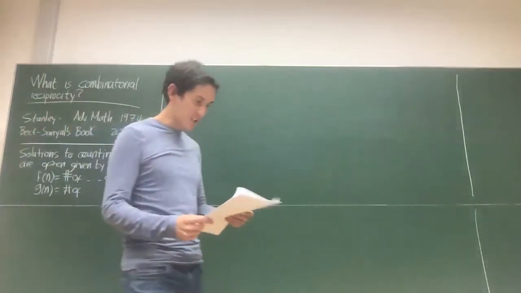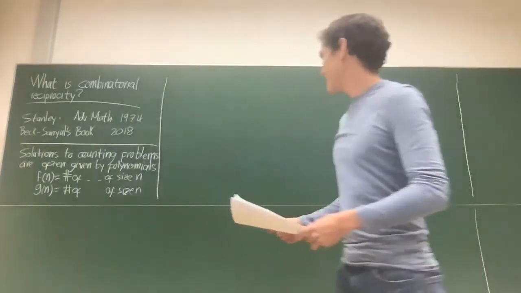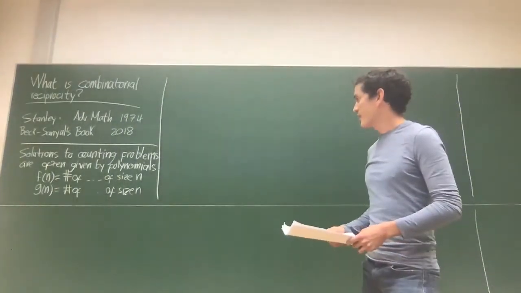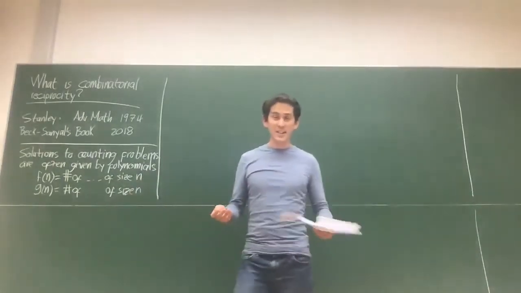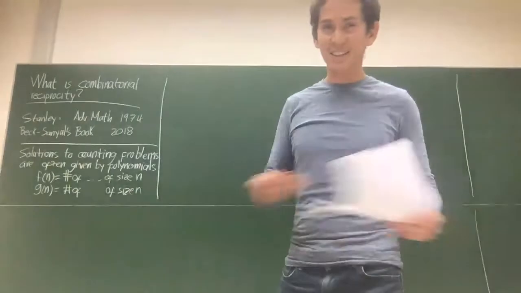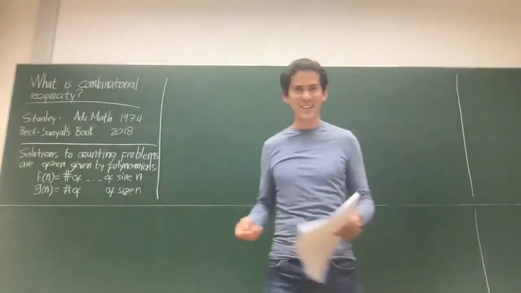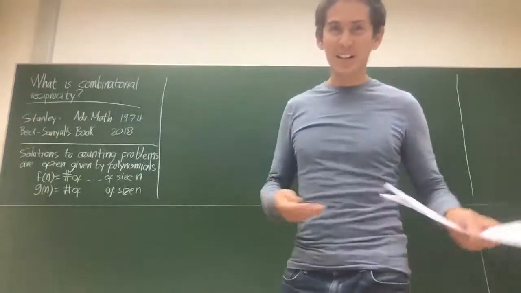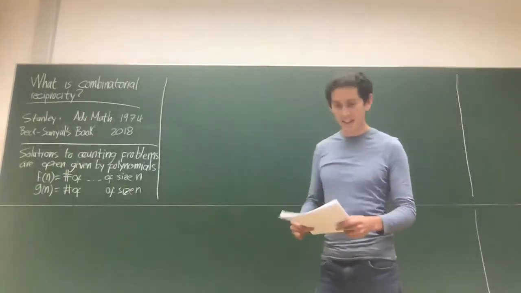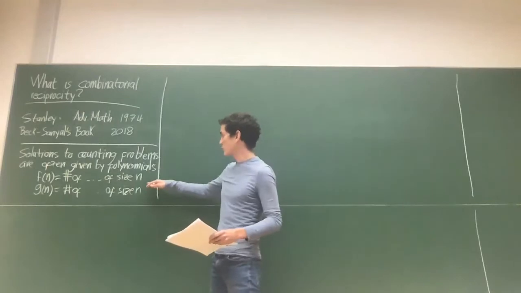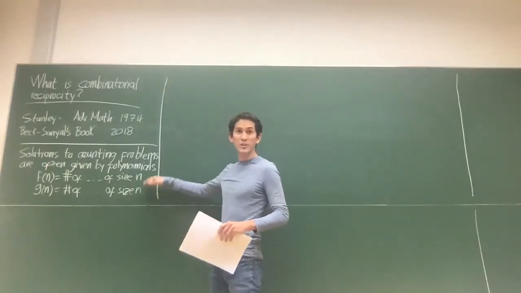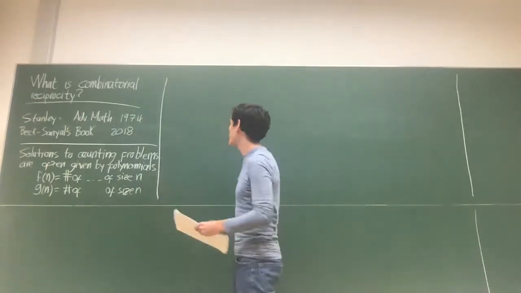Well, it happens very often that when you evaluate one of these polynomials at negative numbers, a priori this does not make any sense. You are not counting objects of size minus 5. This does not make any sense. But often it is the case that you can obtain the solution to one problem by evaluating another polynomial at negative numbers.